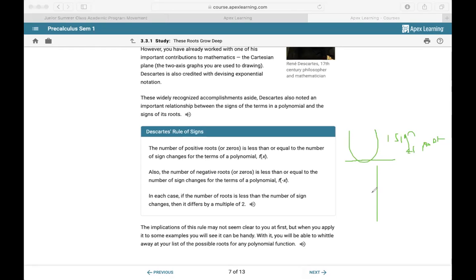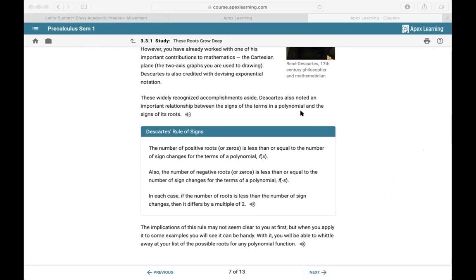If I move my quadratic underneath, up here I'm positive, then I'm negative, then I'm positive. So I have two sign changes. And you're going to notice I have two roots, and that fits along with this first rule here. The number of positive roots is less than or equal to the number of sign changes. I had two sign changes. It is equal to the number of sign changes.